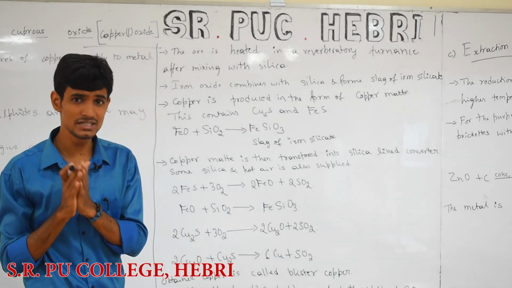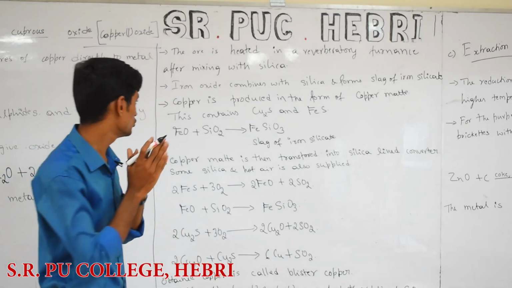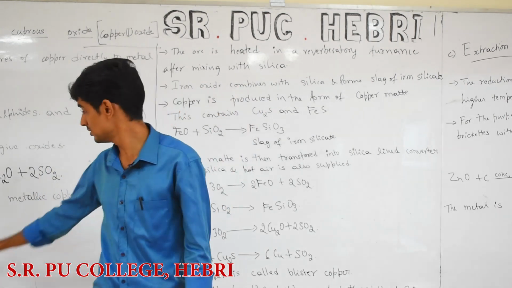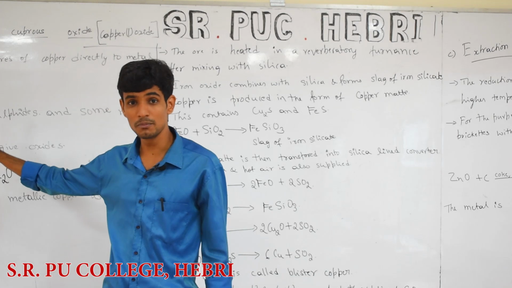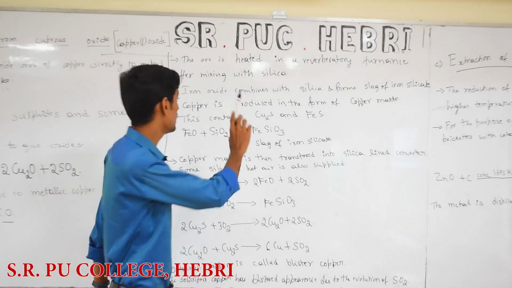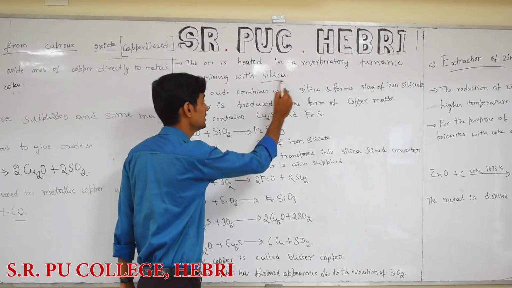So why do we need to mix this ore with silica? This is very important, because I have told you this sulfide ore may also contain some amount of iron. To remove this iron, we need to mix it with silica.